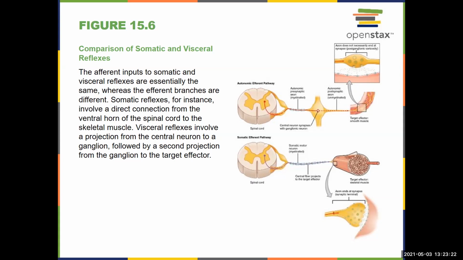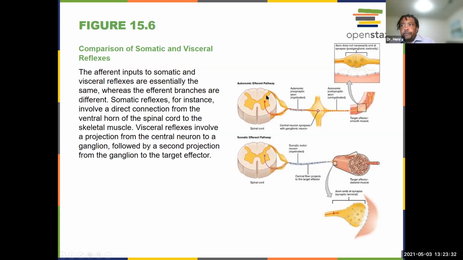Looking at figure 15, it's showing the comparison between the two responses. In the case of the autonomic pathway, we could have the spinal column send a signal via the neuron, and then it'll go to the central neuron, which synapses with ganglia here at the center.